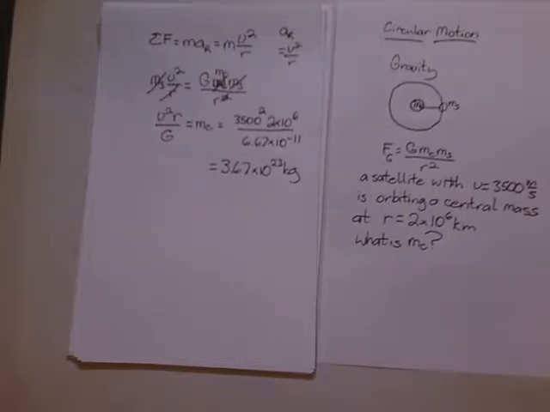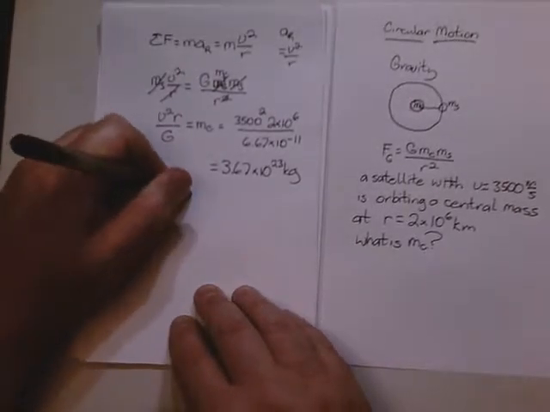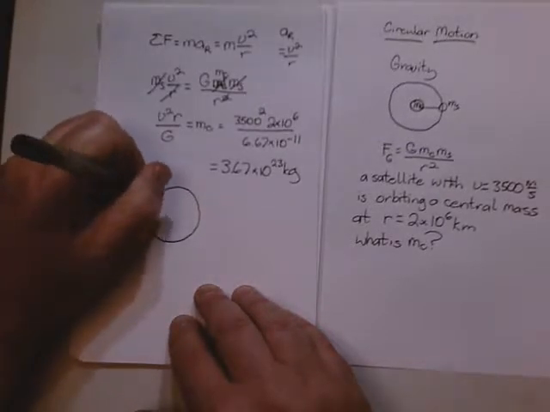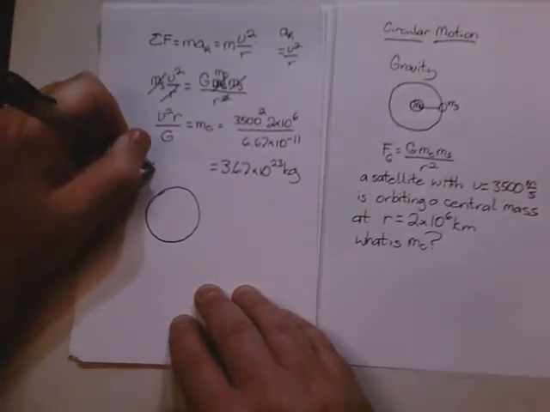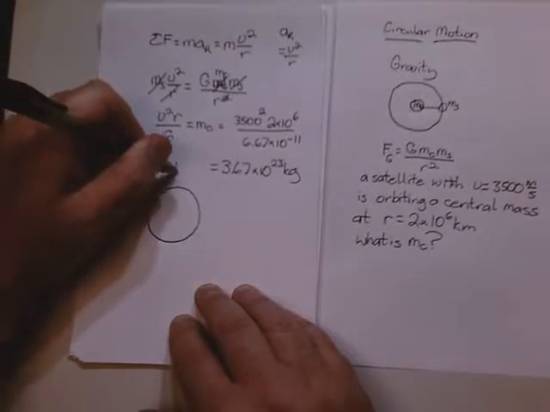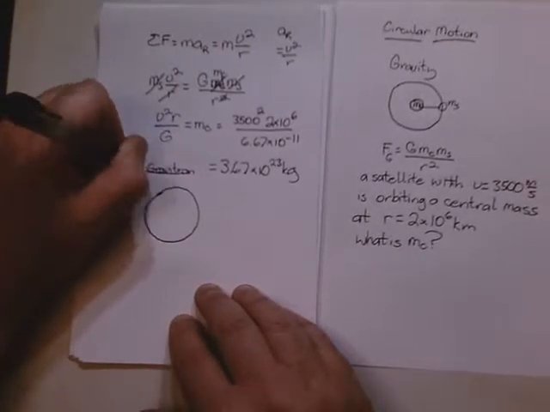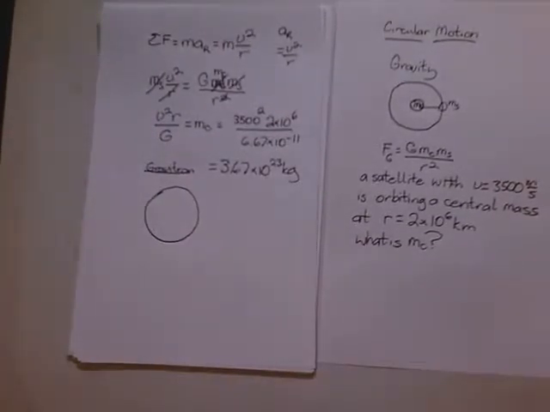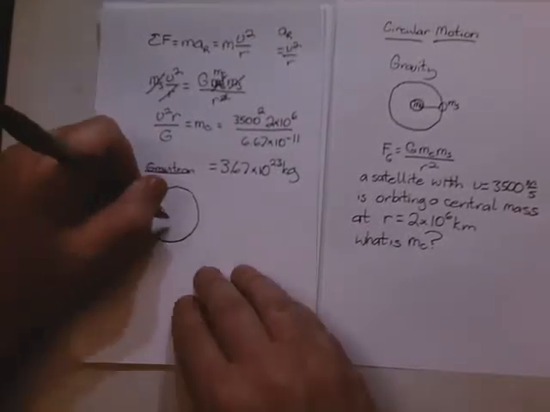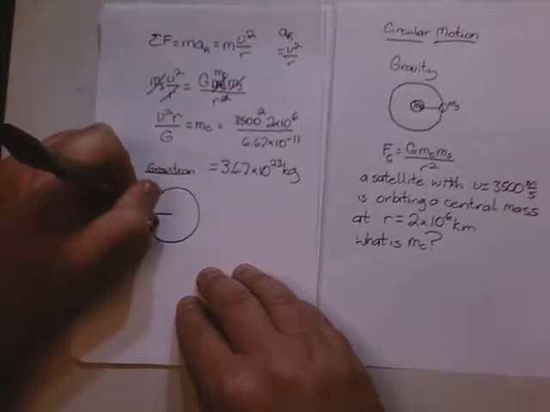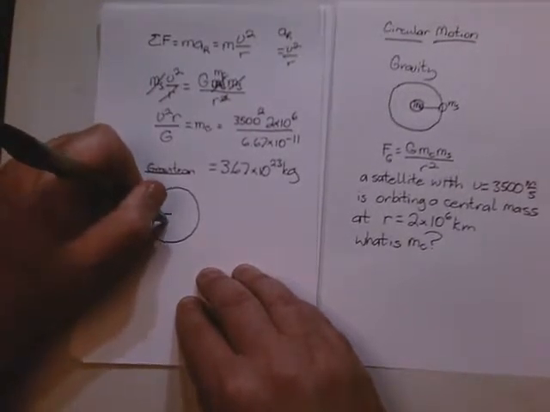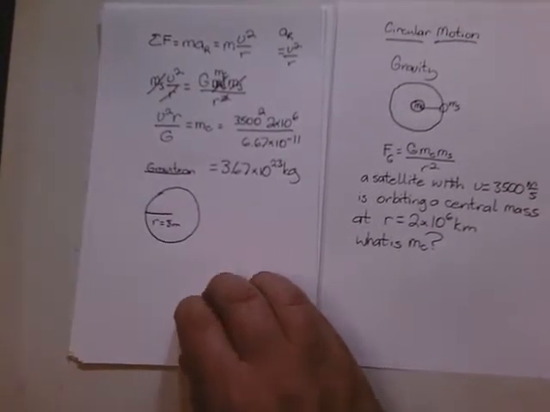Now, there's another type of circular motion that we'll talk about, and that is the gravitron. If you've ever been to the fairgrounds, they'll have this disc, and this particular disc is, let's say, 8 meters in radius.